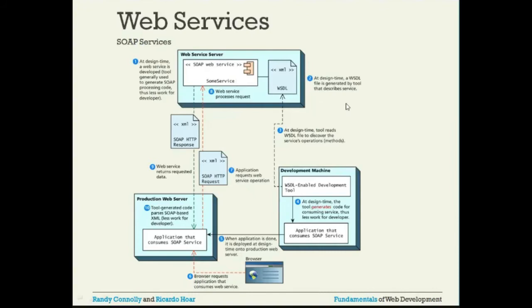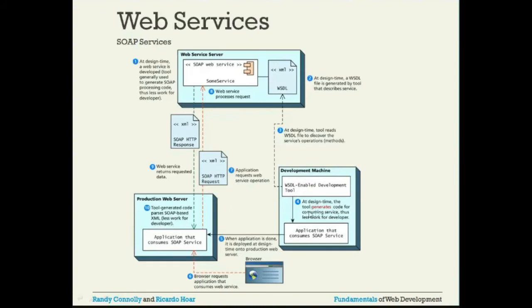Then at design time itself, a WSDL file is generated by the tool which describes the service. So this WSDL will describe the service, and at design time, the tool reads the WSDL file to discover the service's operations. This development machine is a WSDL-enabled development tool.